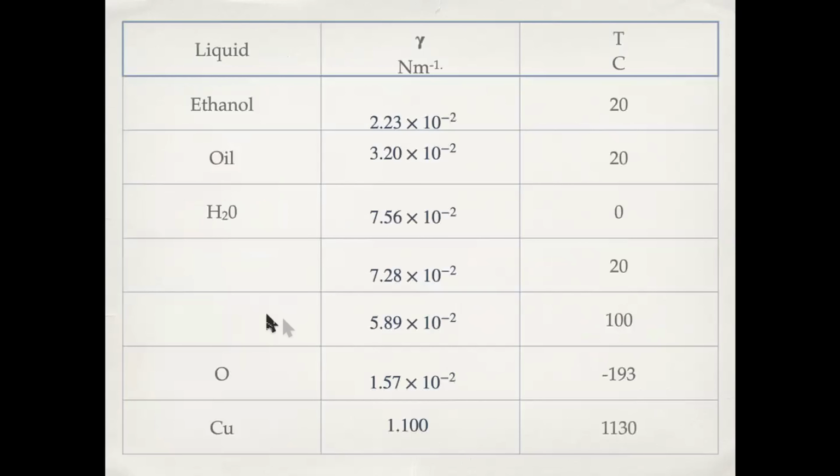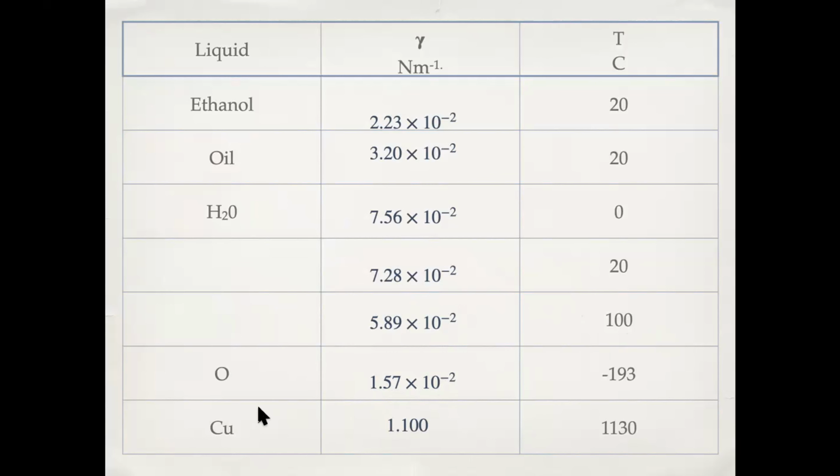Okay. And we can measure those things, and I have written here the values of the surface tension coefficient for various temperatures. For example, ethanol and oil and water. And water I have written for various temperatures, and as you see, it goes down with the increase of temperature.